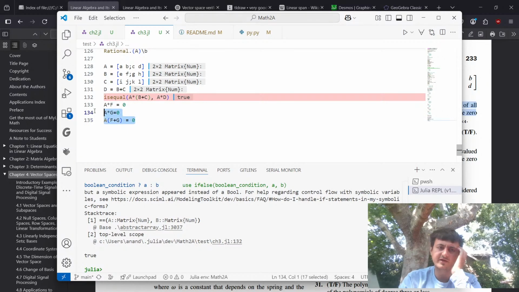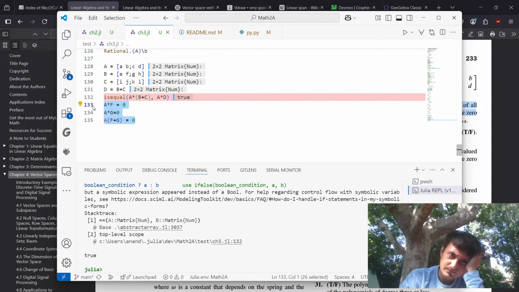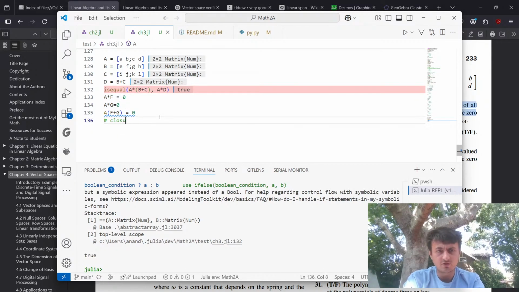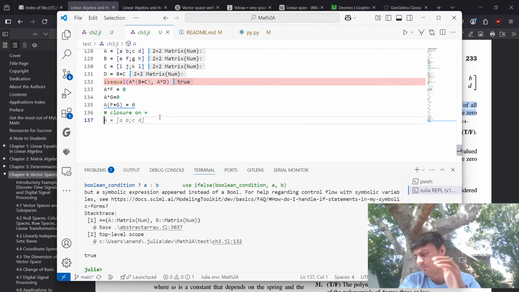Well, we know it's a vector space. Okay, so I think we're good there. So then therefore we have closure on plus.